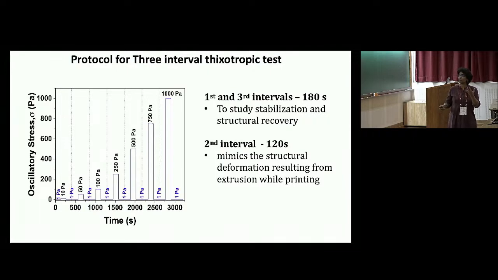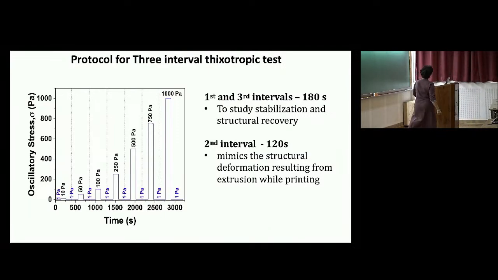So we plotted how much is the recovery of the modulus in each of these intervals where I have the high stresses. Intuitively speaking, you don't want the material to break down and the recovery to go down as I keep increasing the stresses in the interval.